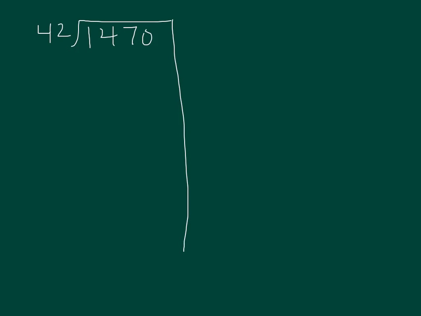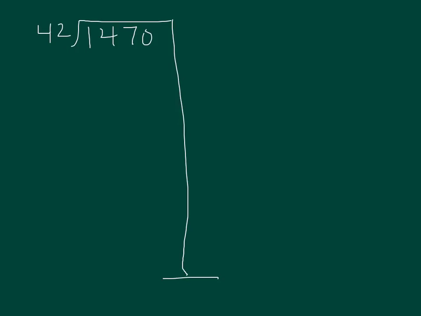Okay, let's try another one. 1,470 divided by 42. Give him his long tail. Make him a hangman if you want. And again, I'm thinking about this. 42, groups of 42.